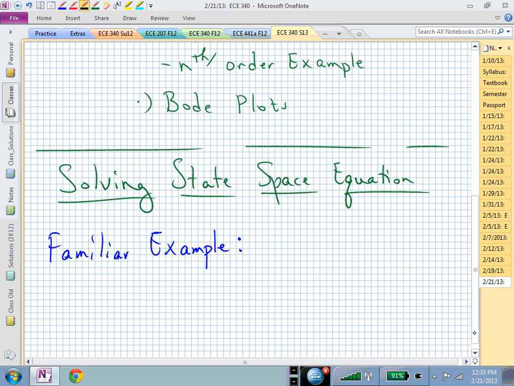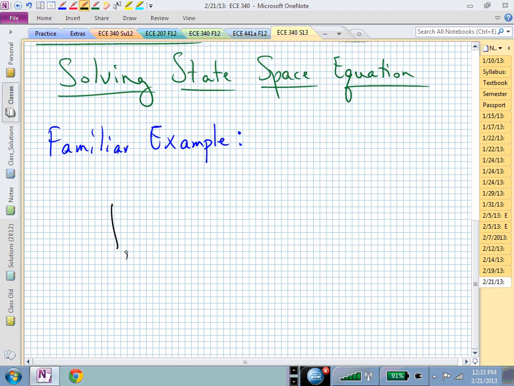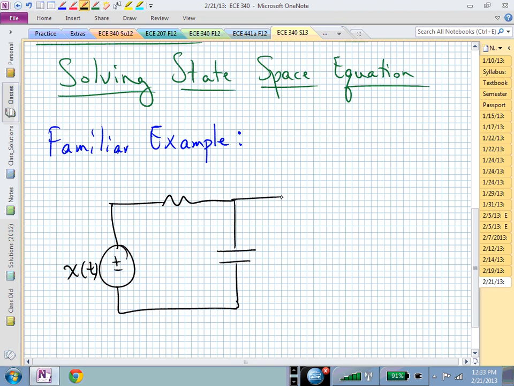Here's our familiar example. We have a source and this series RC circuit, where the output now is taken across the capacitor, or that's the capacitor's voltage.